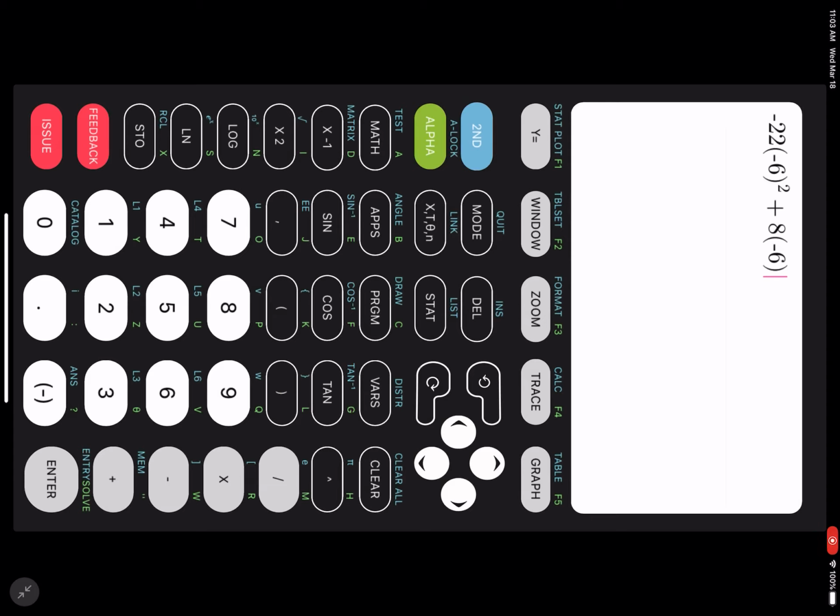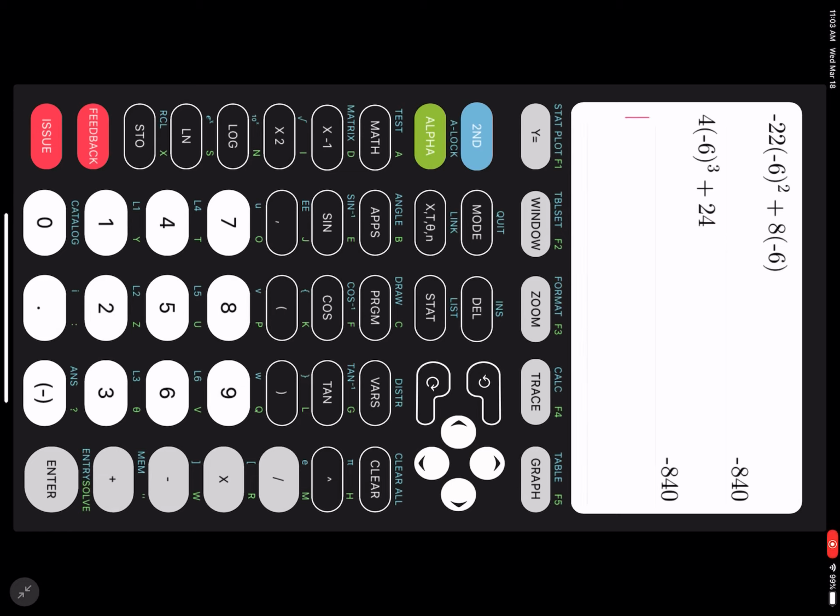If you put your parentheses, all you have to do is type it exactly how it's written. I get -840. Now let's do the other side. 4 parentheses -6 close parentheses cubed, and then what? Plus 24. Hit enter, and I get -840 again.